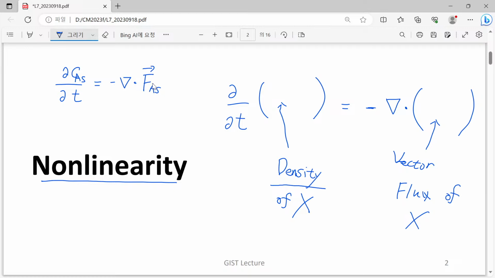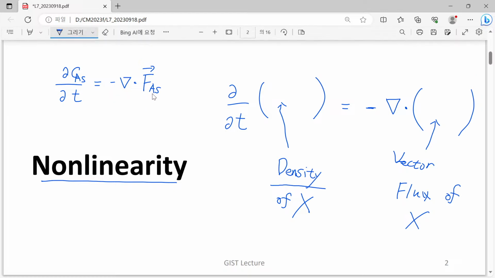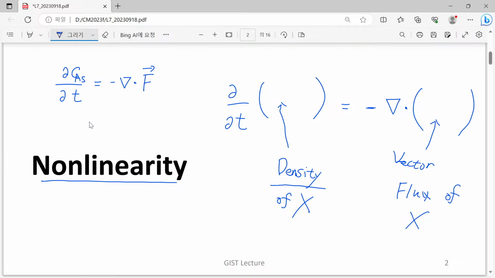Also, instead of arsenic, we can consider something like boron. Anything can be inserted at this point, and this is related with the dopant.